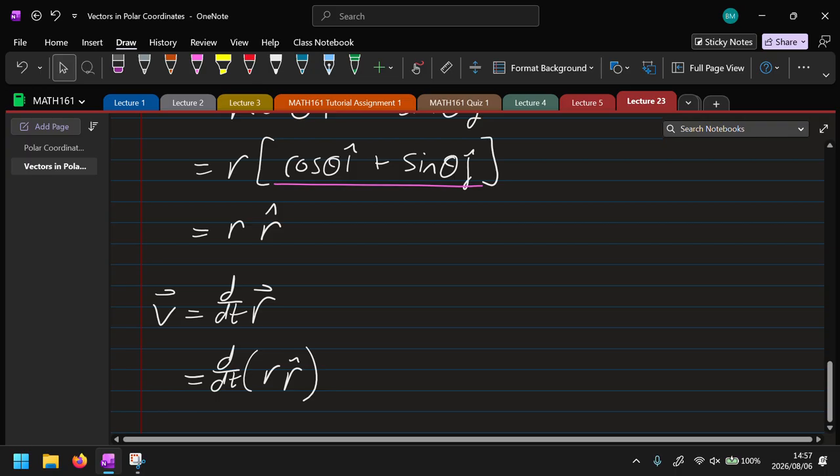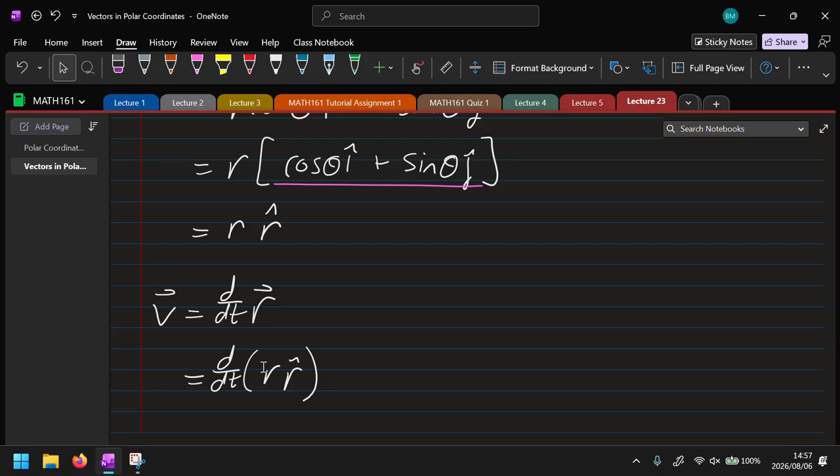So it's going to be d by dt of r times r hat. Now, when we do derivatives in Cartesian coordinates, we did d by dt of x and d by dt of y. We didn't worry about i hat and j hat because those were constants.